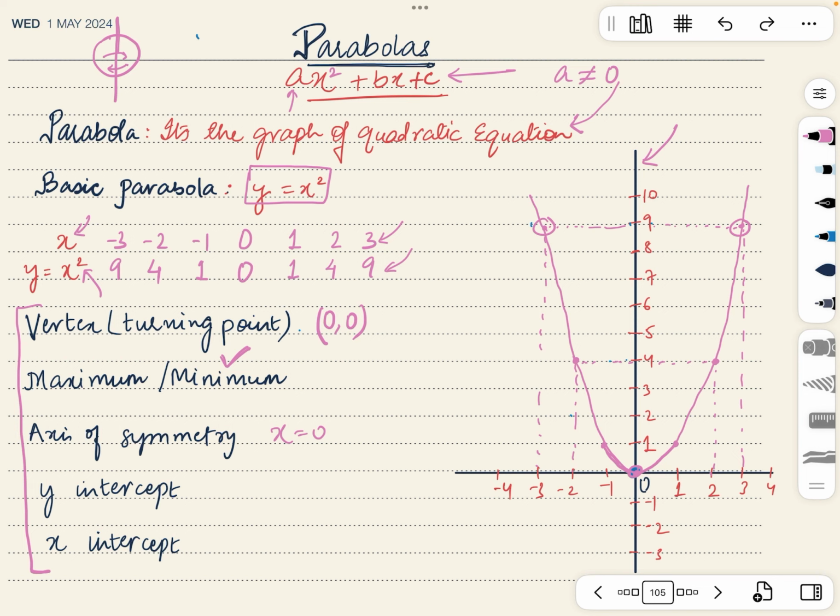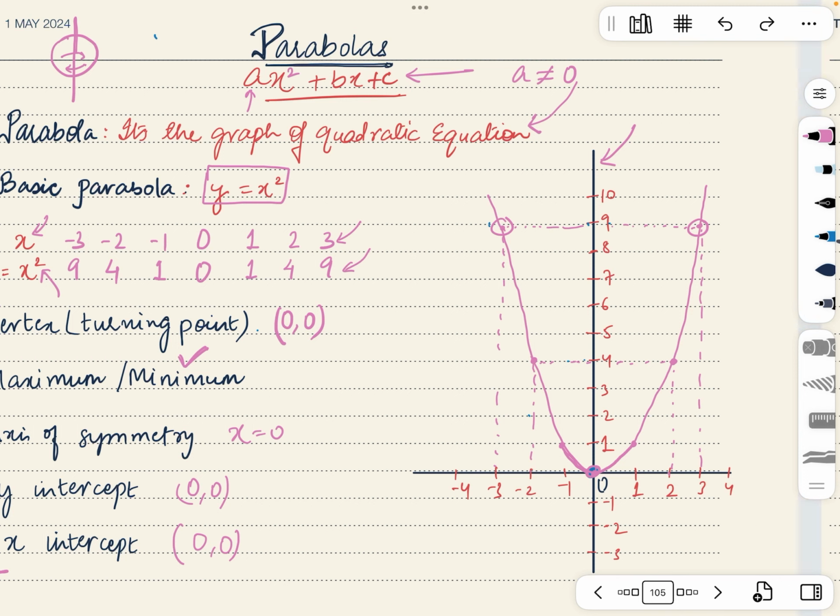Then we have the y-intercept. The y-intercept is where the parabola cuts the y-axis. Here again, this is happening at the vertex, so (0, 0) is the y-intercept. Similarly, the x-intercept is also (0, 0). Everything lies on the vertex here, but with transformations, all these things will change. So we'll see how the transformations happen in the parabola now.